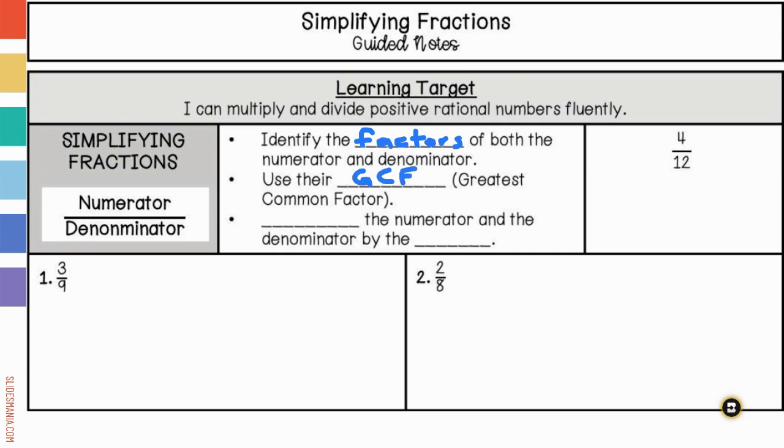And you're going to divide the numerator and the denominator of the fraction by the GCF.